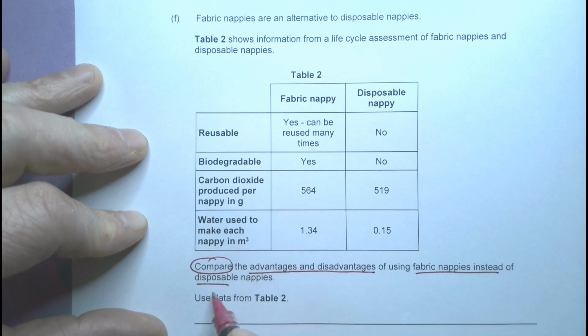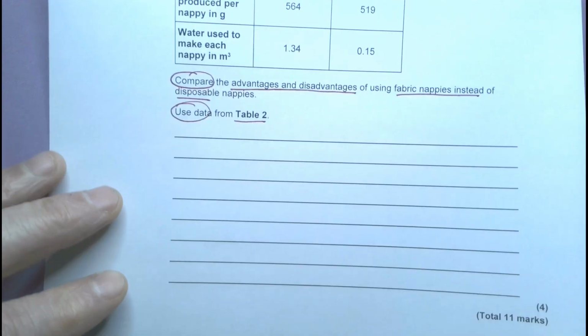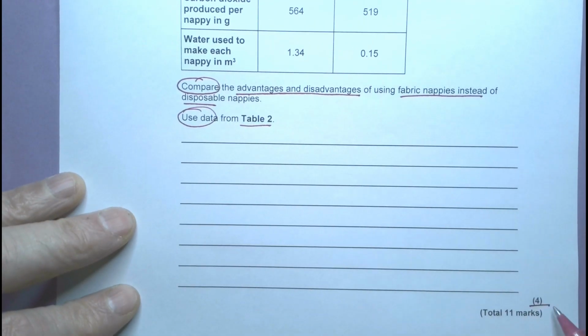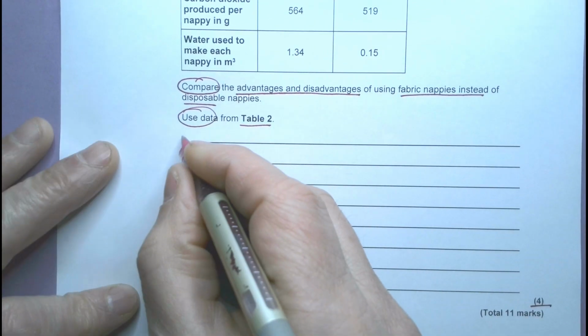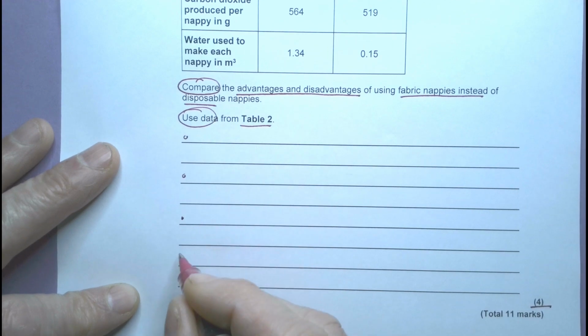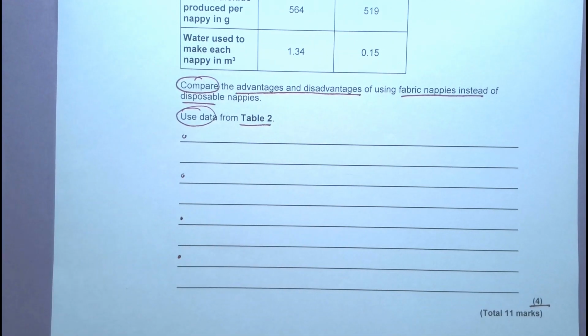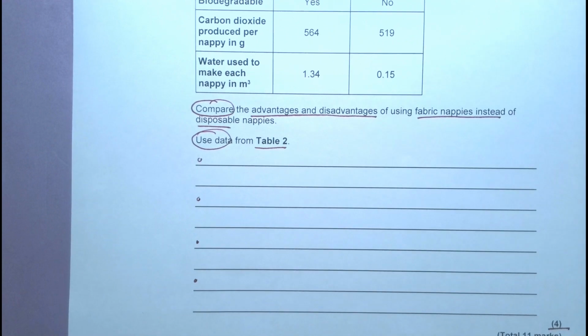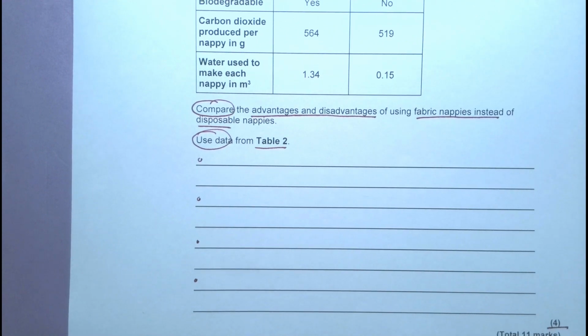And I have to use data from table 2, so I've got to use data there, and it's worth a total of 4 marks. So 1, 2, 3, 4. Okay, now this might be another case where I might actually use some headings.